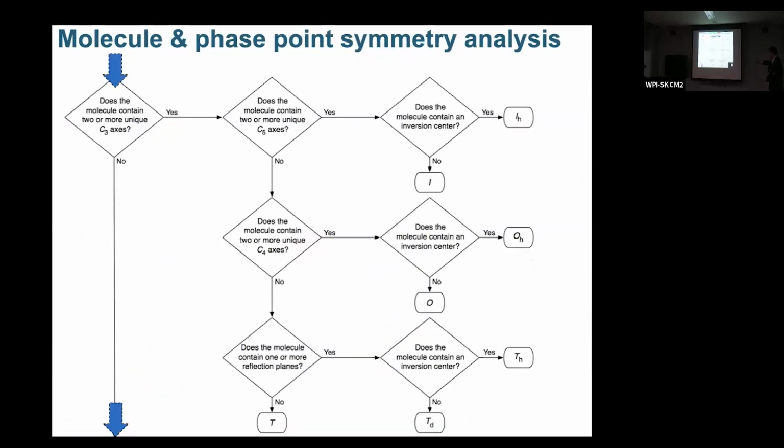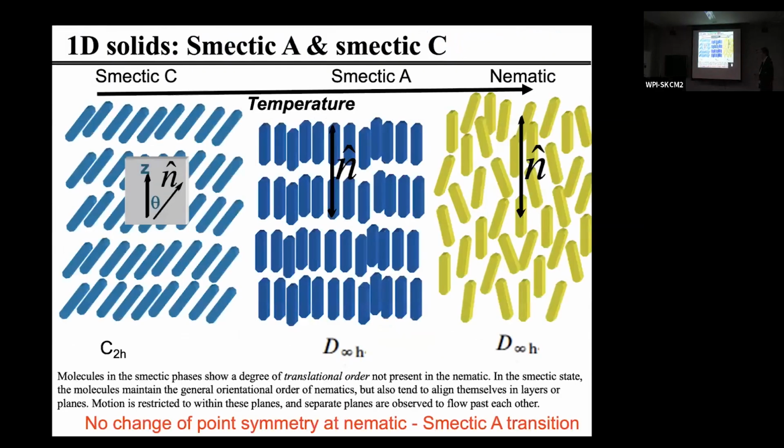And also, there is a little procedure for you to define the point group symmetry that, again, could be useful, right? But very importantly, I want to note, as I already mentioned before, the point group symmetries of the phases we discussed, right? There are many of them we found, right?